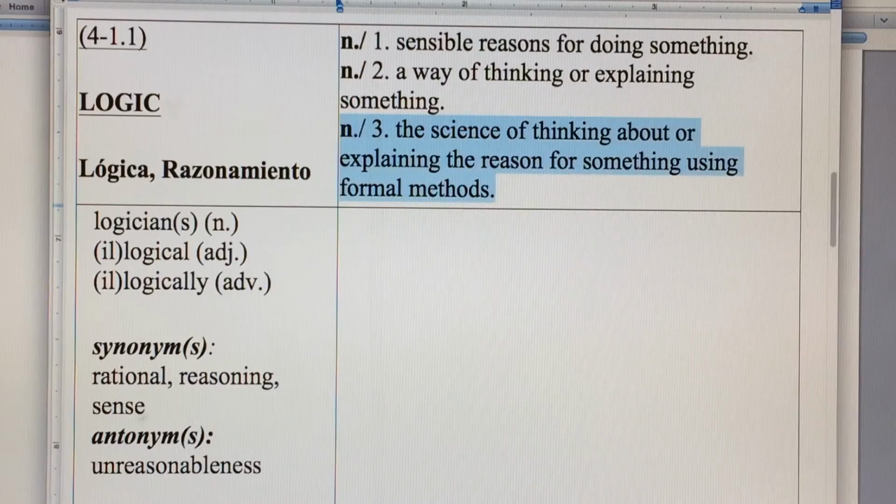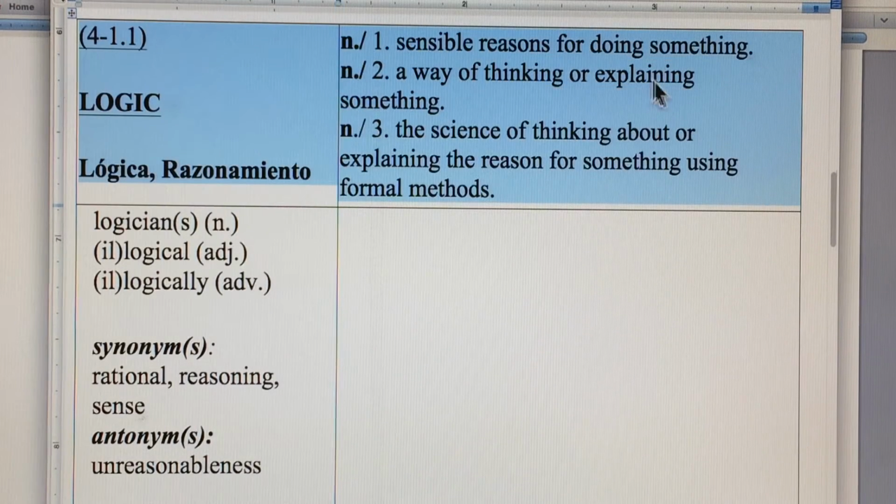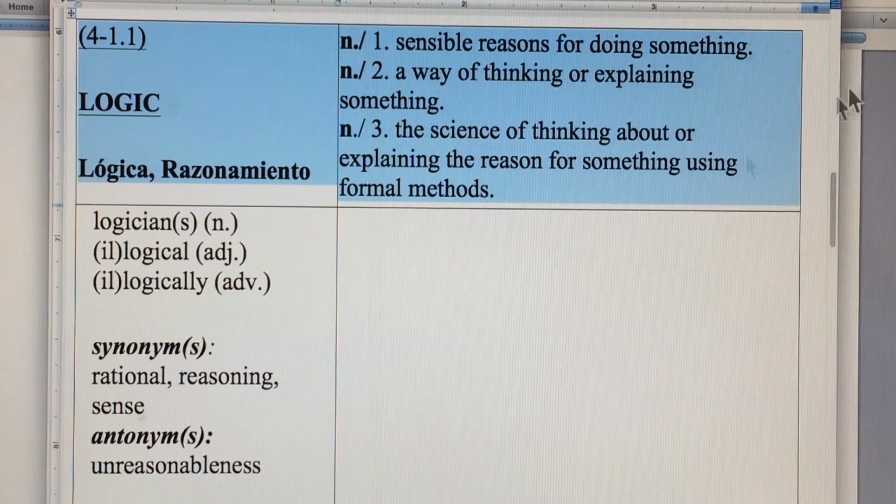The last definition, number 2, is simply that logic is a way of thinking or explaining something. When we talk about using our brains, a lot of times you need to use your logic. You need to use your thinking. And oftentimes we compare logic to feelings.